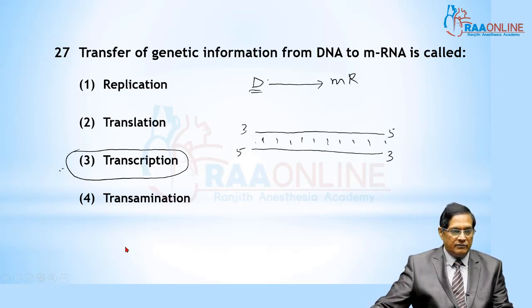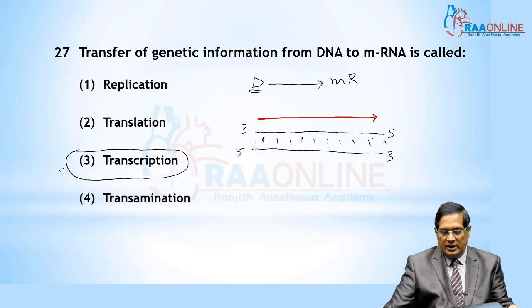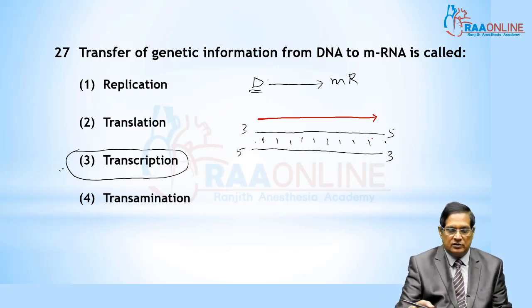At the time of transcription, only one strand acts as template. The polarity of the template strand is 3 to 5.